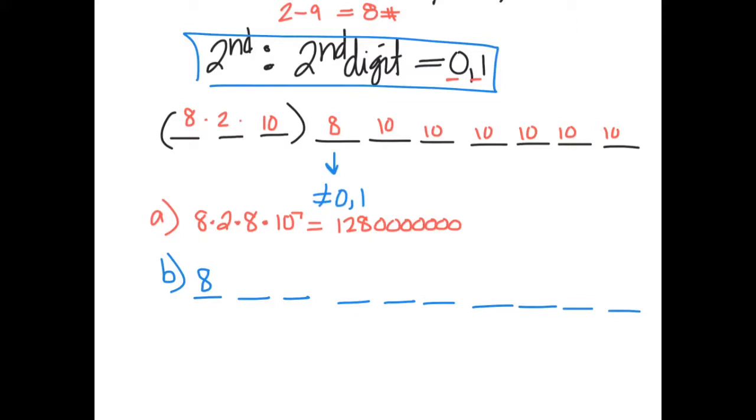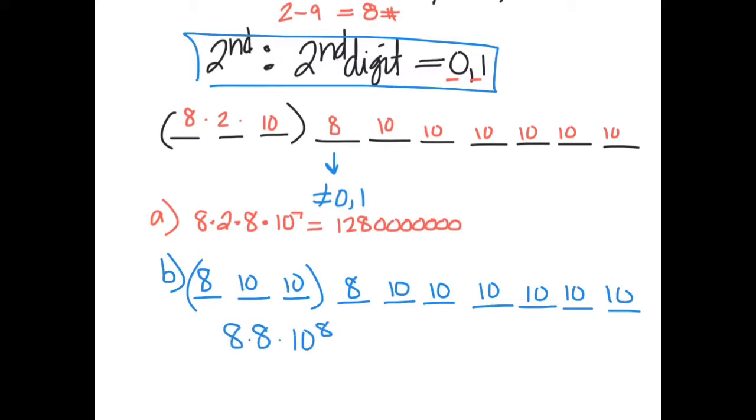The second number doesn't matter. The third number doesn't matter. Then in the telephone portion, the first number still cannot be 0 or 1, but the other 6 numbers are not important. So I have 8 times 8 times 10 to the 8th power, which is 64 with 8 zeros.